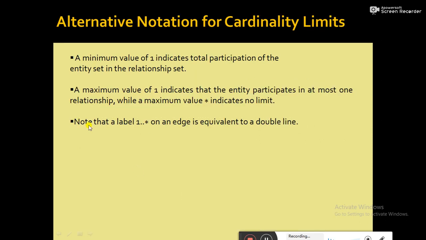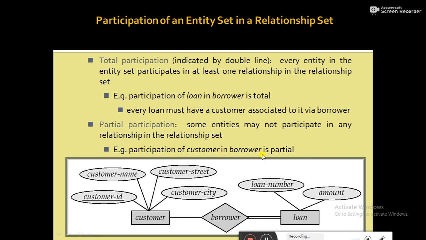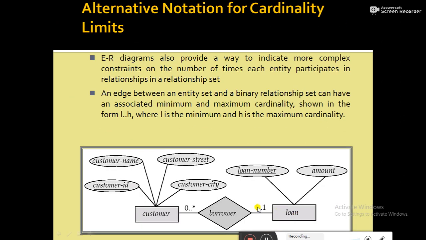So note that a label 1..* on the edge is equivalent to a double line. Now if an entity set's participation is total, then we can represent it with the help of a double line. For example, in the previous slide, we have seen that 1 is the minimum cardinality.